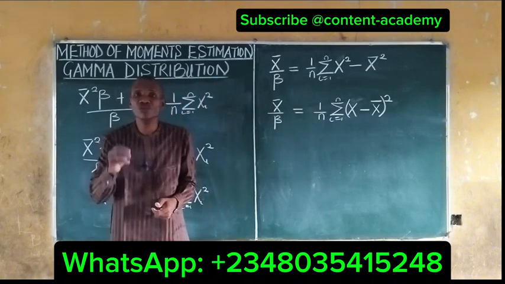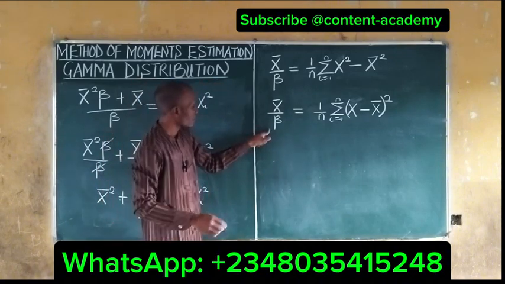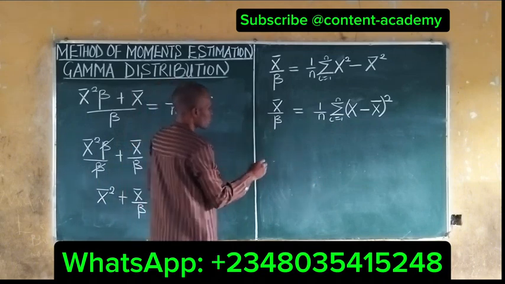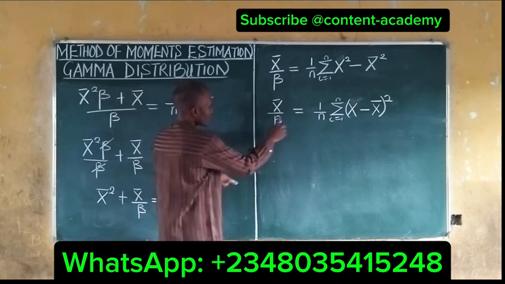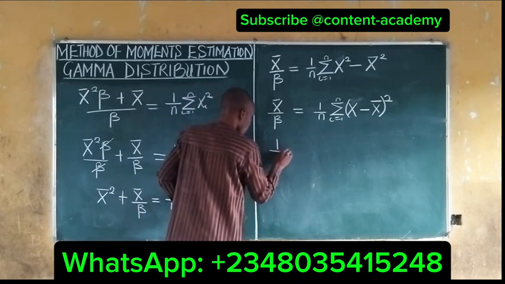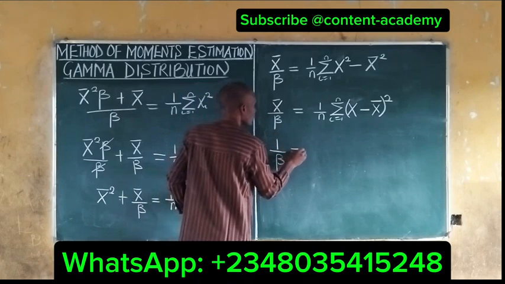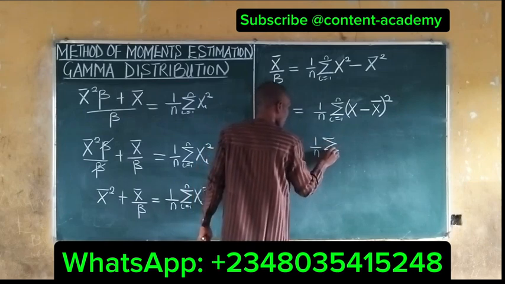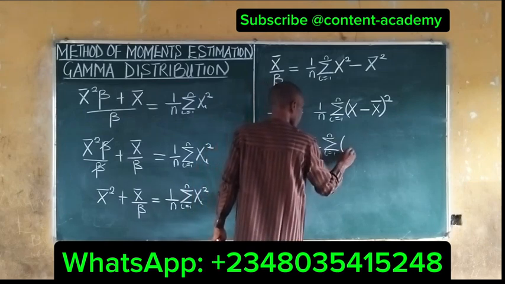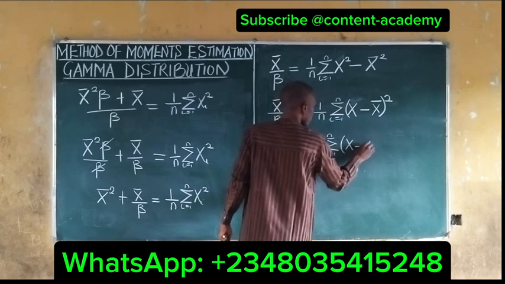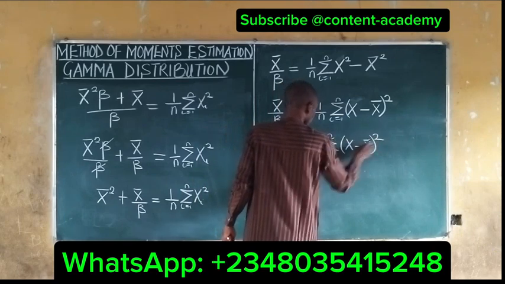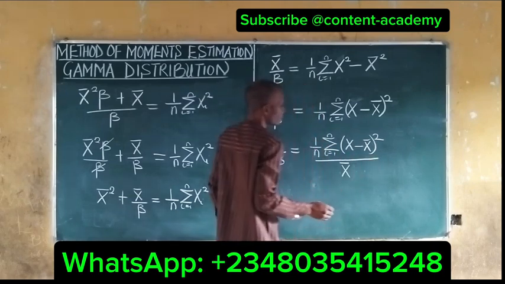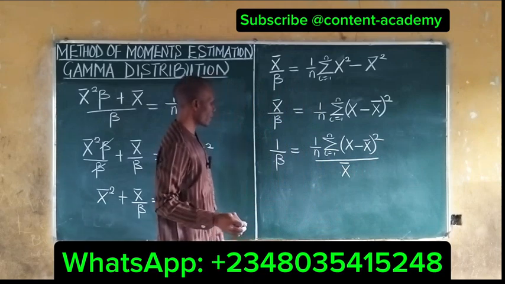Now, the next thing for us to do, to get this, we can still cross multiply. So if we cross multiply, we can write this as 1 all over beta to be equal to 1 all over n summation of, as i running from 1 to n, xi minus x bar squared, all over x bar.